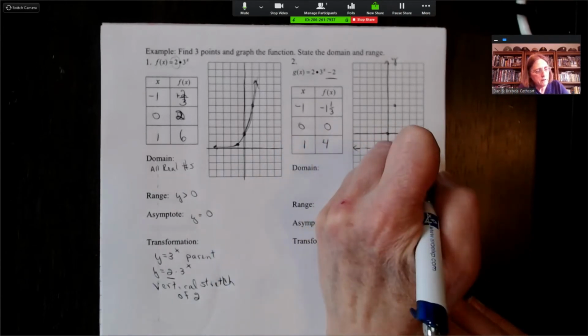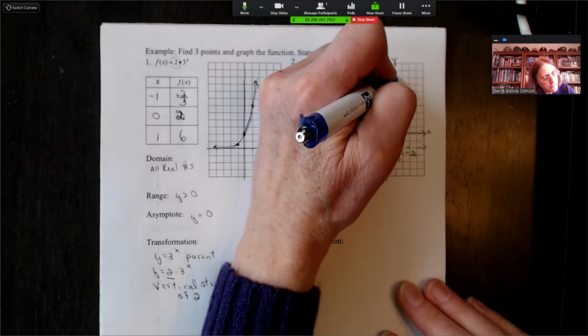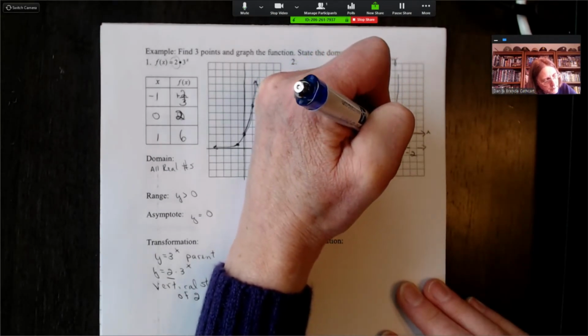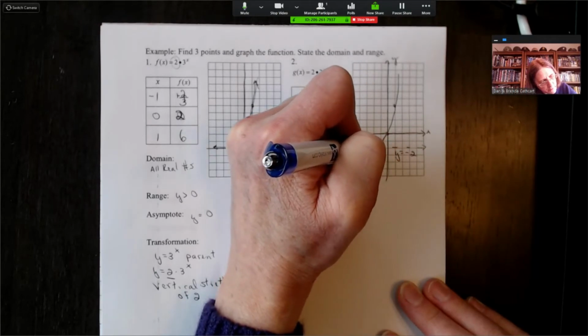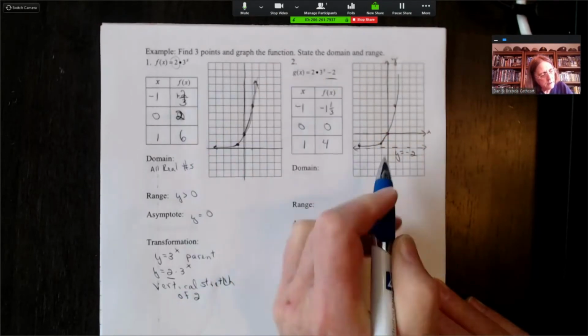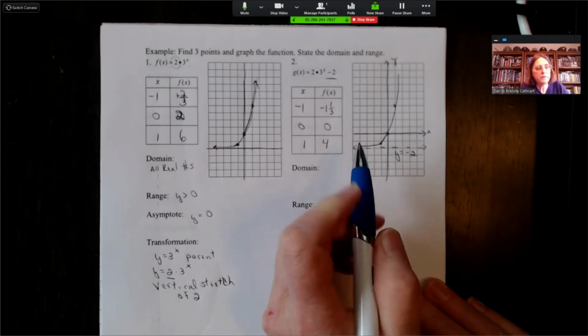This will be our new horizontal asymptote. So our graph comes down, it's going to curve quickly and approach the horizontal line y equals -2.